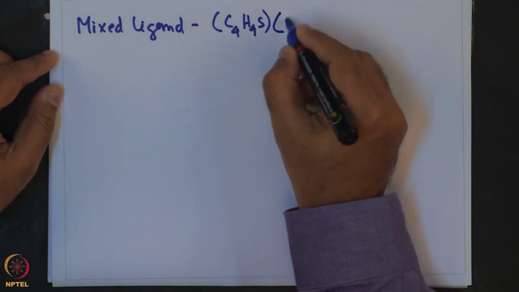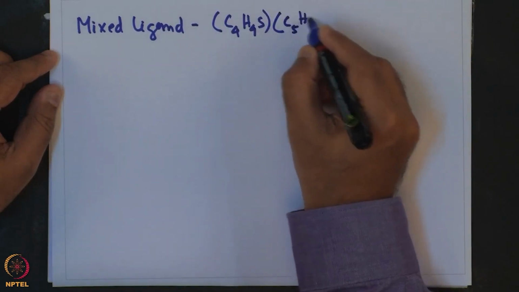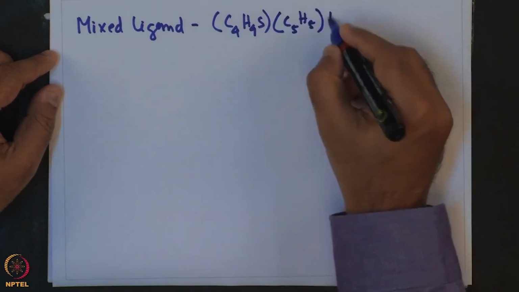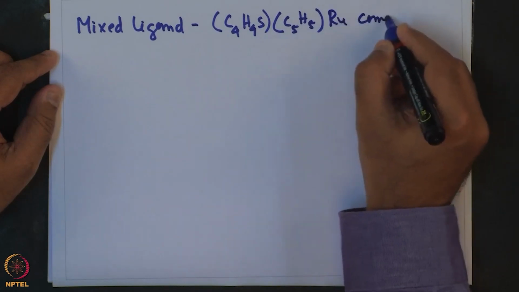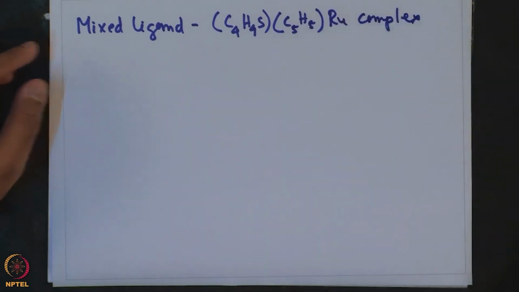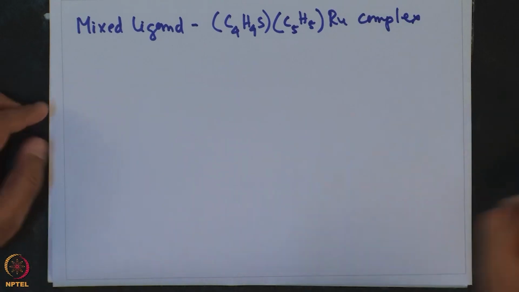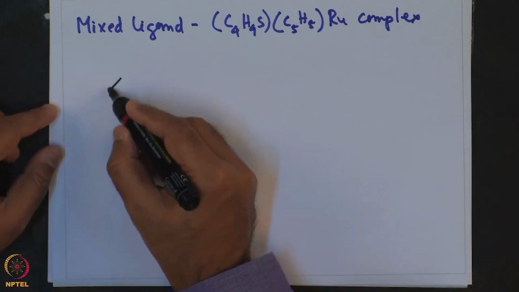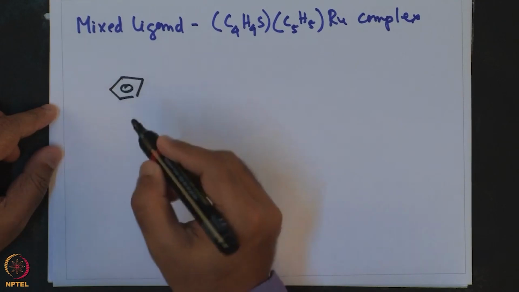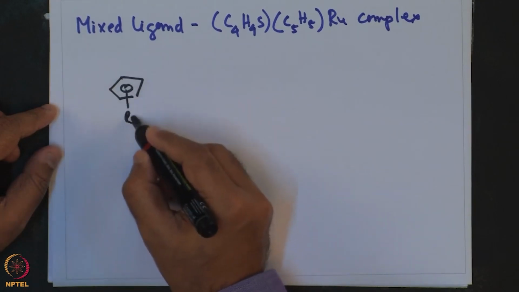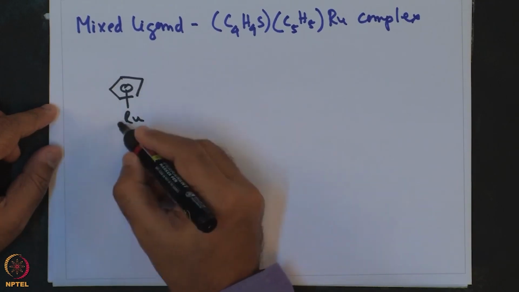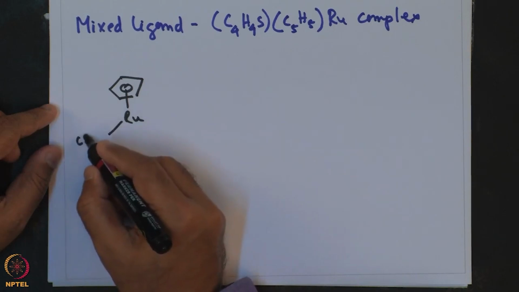C4H4S, C5H5 ruthenium complex, and the starting precursor is this cyclopentadienyl ruthenium tris acetonitrile species.